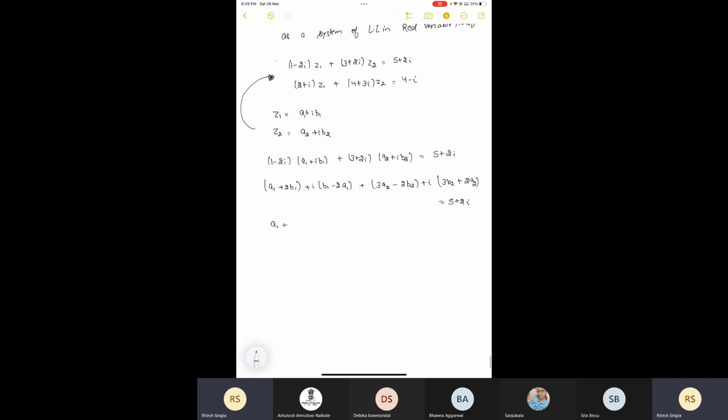Which is nothing but a1 plus 2 b1 plus 3 a2 minus 2 b2 has to be equal to 5, and minus 2 a1 plus b1 plus 2 a2 plus 3 b2 is equal to 2. Is it understandable? Yes, sir. Comparing real and imaginary parts, from equation number 1 we have made two equations. Similarly, from equation number 2, we can make two more equations.